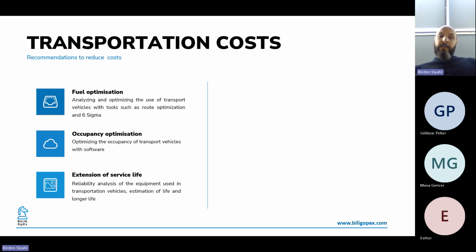And for the last of it, by using reliability analysis, you can analyze the life of your equipment services. What do I mean by that? For example, you are in a gold mine and you are using tires, which will cost $50,000 per piece. So let's think about that. You have 300 trucks.